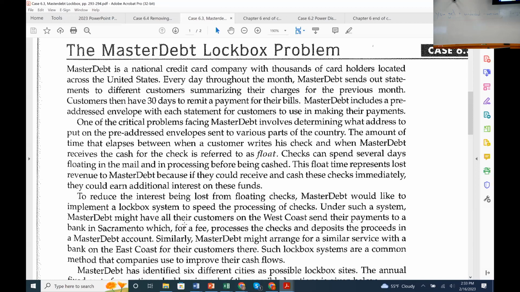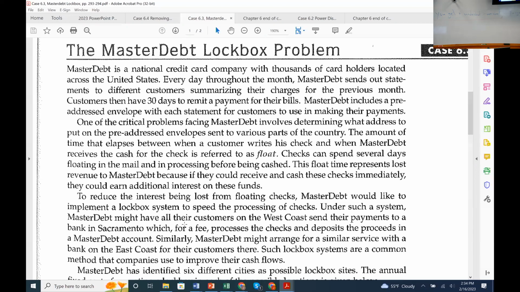Liquidate's not quite the right verb, but yes, one of the considerations they're dealing with is float, meaning from the time the check is put in the mail by the customer paying their credit card bill until it arrives, that's wasted capital. They would rather get that check deposited faster.